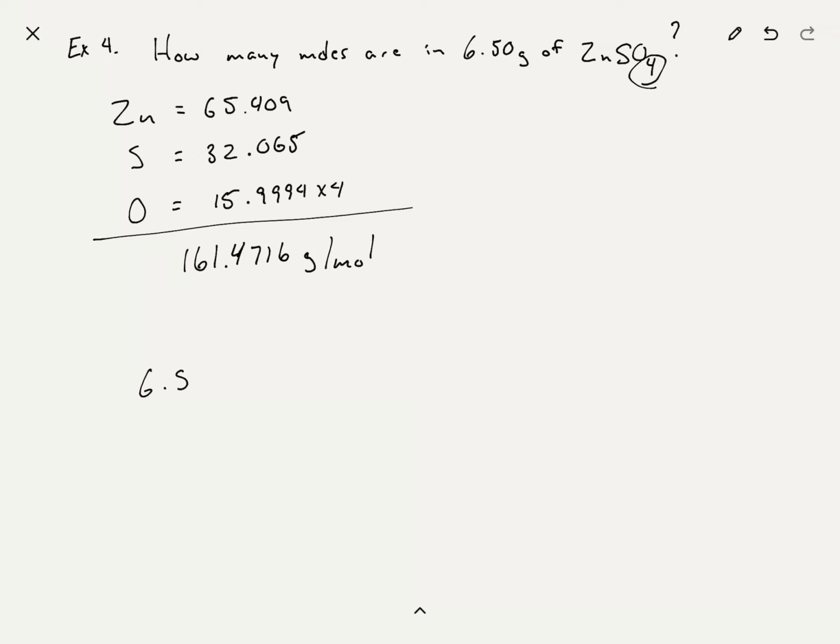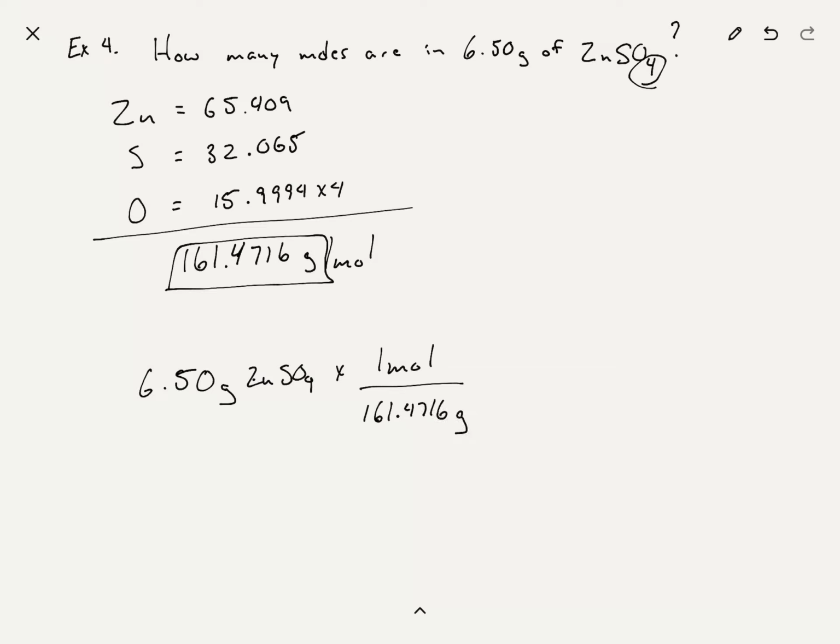Now we have 6.5 grams of zinc sulfate, and we need to multiply it by 1 mole, because that's what we want to get, and we need to divide it by however many grams are in a mole, which is 161.4716. So our grams will cancel out, we'll be left with moles.